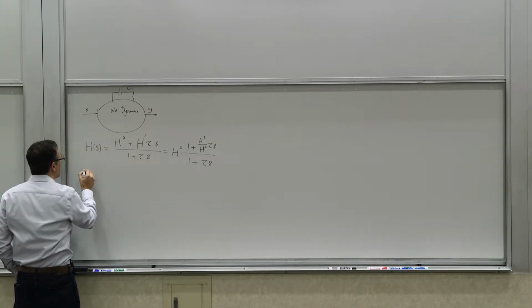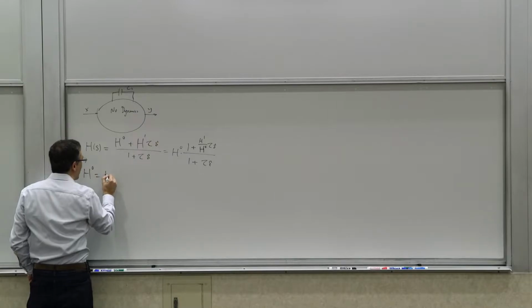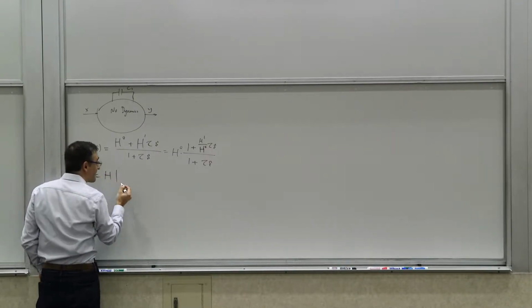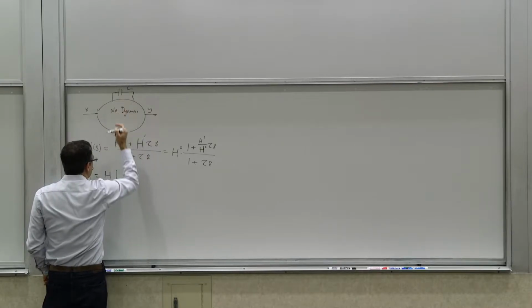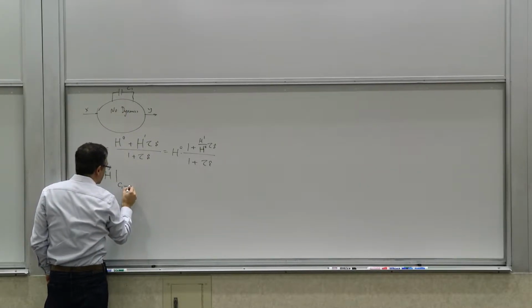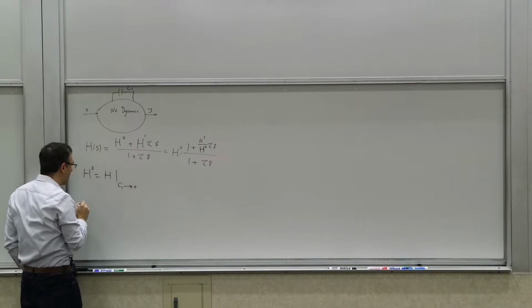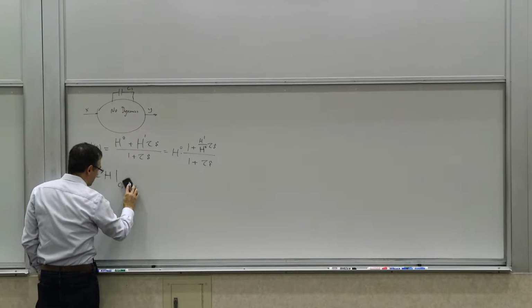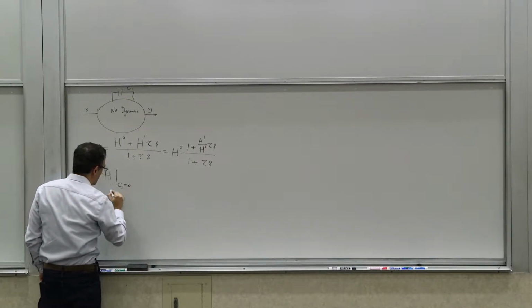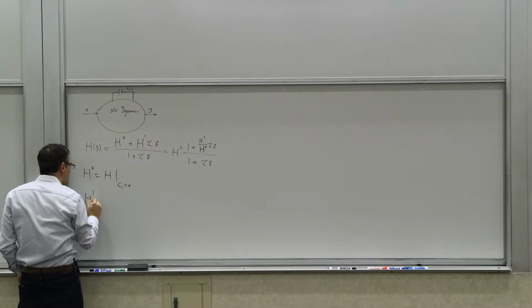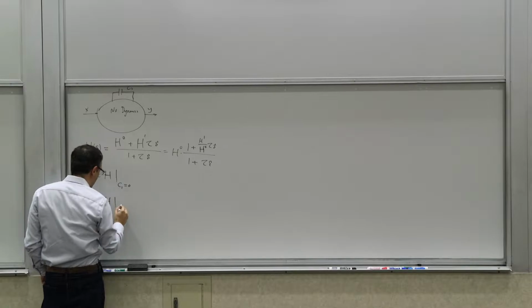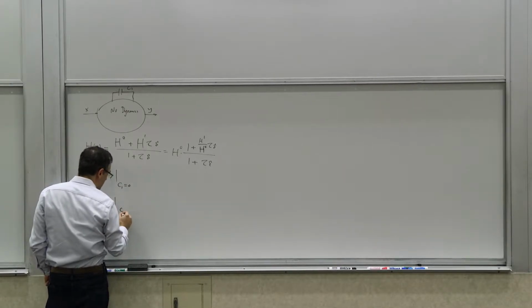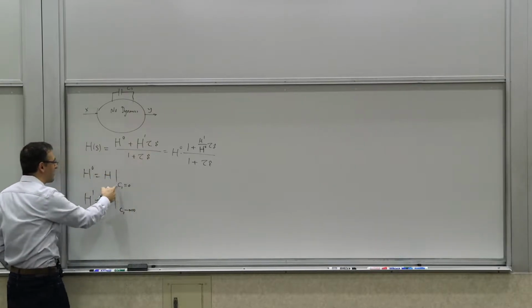So what was H0? H0 was H when the value of the energy storing element, in this case C1, would be equal to 0. And H1 is basically the value of the transfer function when C1 goes to infinity, when this is infinite valued.